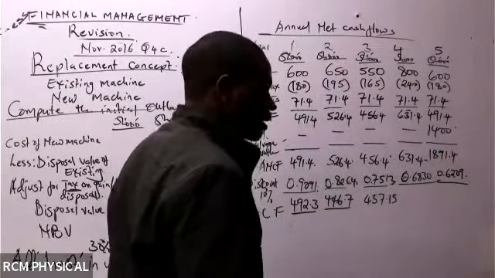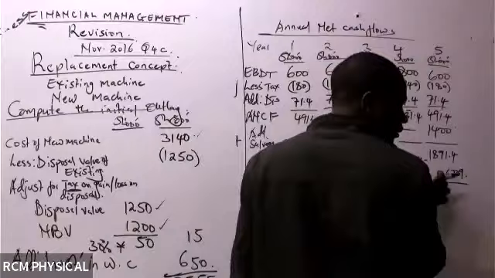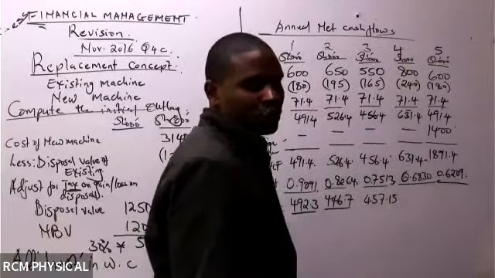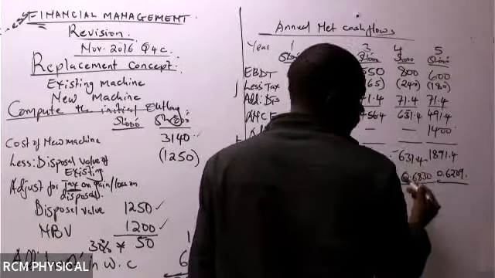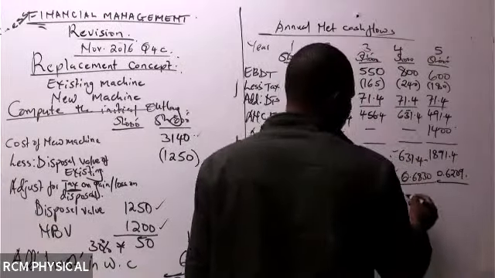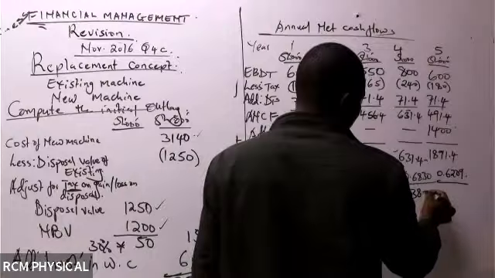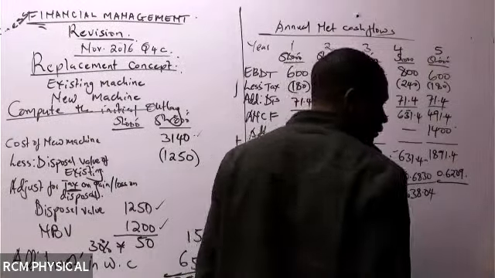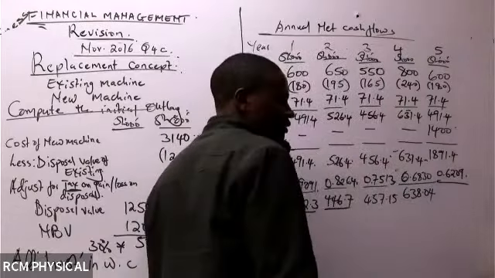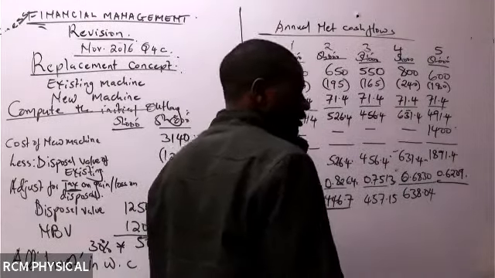First, our discounted cash flow, how much is it? This here is 613.04. And the last one. That was 17. I think it can change.